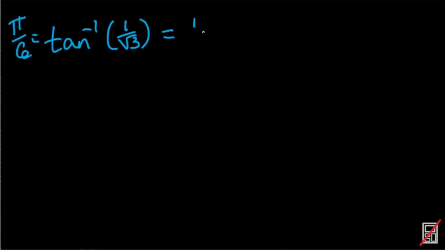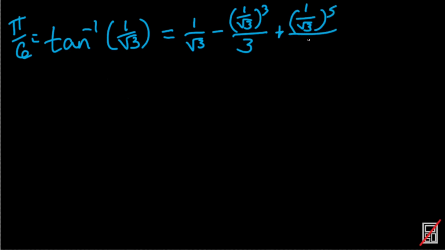So we get this is 1 over root 3 minus 1 over root 3 cubed over 3 plus 1 over root 3 to the 5th over 5, and so on.